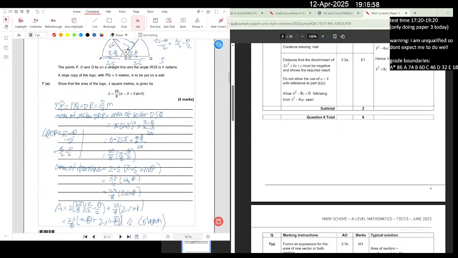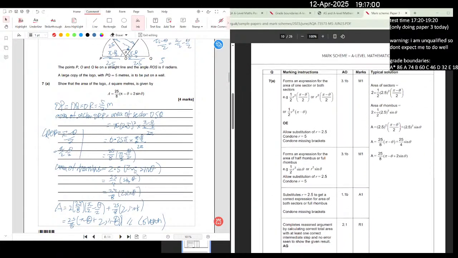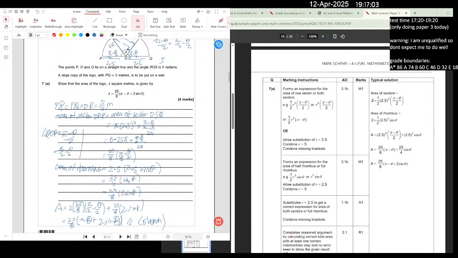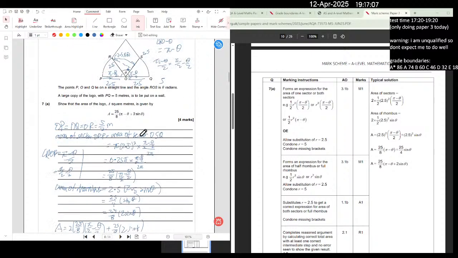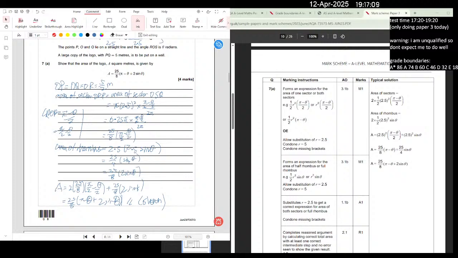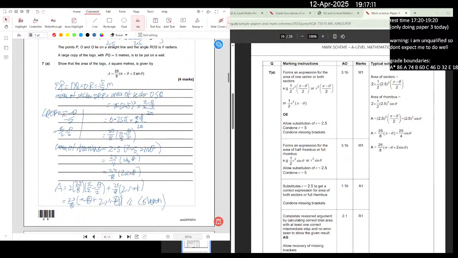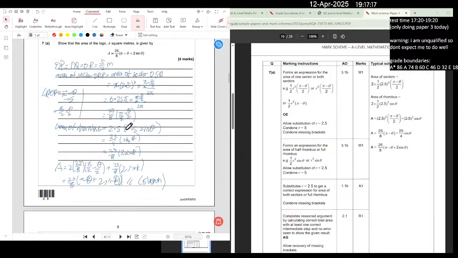Okay, question 7. Forms an expression for the area of one sector or both sectors. Oh my god, right, let's just see the typical solution. Half 2.5 squared and a pi minus theta over 2.